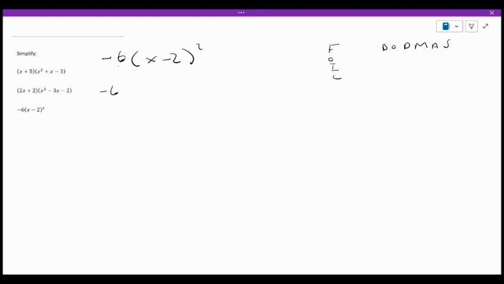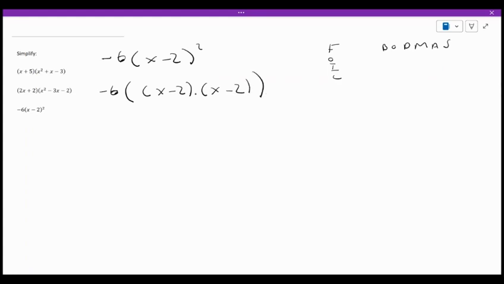This is minus 6. We just carry this negative 6 down. Then (x minus 2), all that squared, means we have two brackets just like this. So we're going to have x minus 2 times x minus 2.